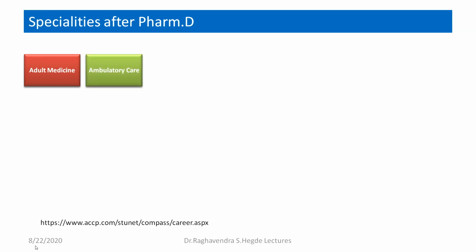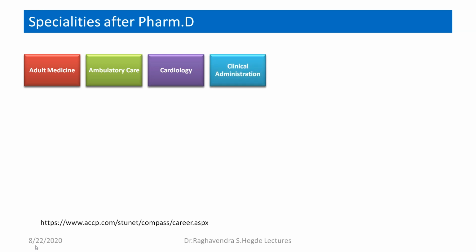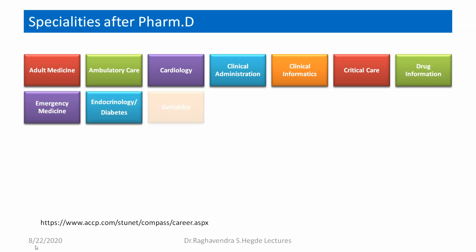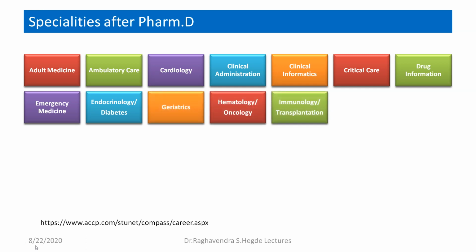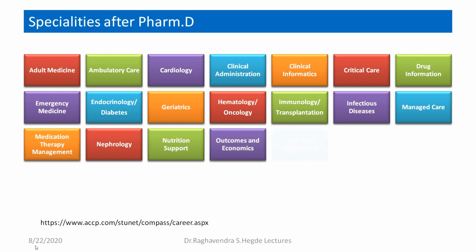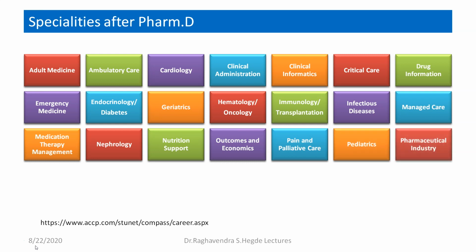Adult medicine, ambulatory care pharmacist, cardiology pharmacist, clinical administration pharmacist, clinical informatics, critical care pharmacist, drug information pharmacist as I told you, emergency pharmacist, endocrinology diabetes pharmacist, geriatrics, hematology oncology, immunology transplantation, infectious disease, managed care, medication therapy management, nephrology, nutrition support, outcomes and economics, pain and palliative care, pediatrics, pharmaceutical industry.